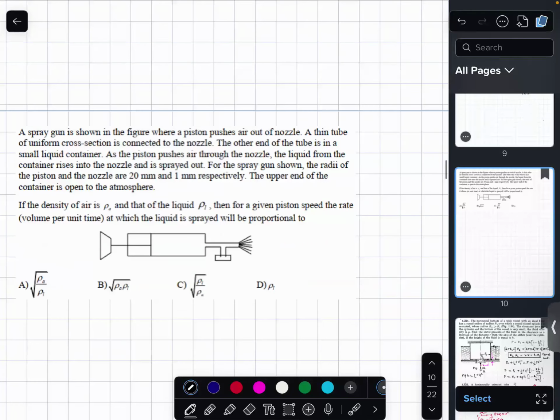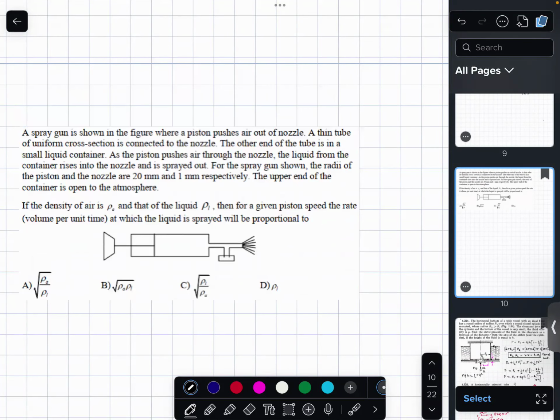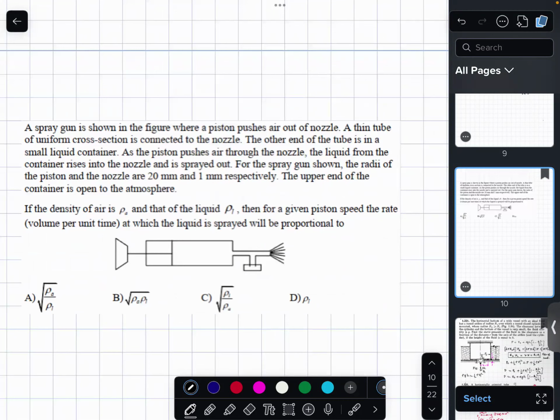So this is one of the applications of Bernoulli's equation. This is the working of the paint gun.